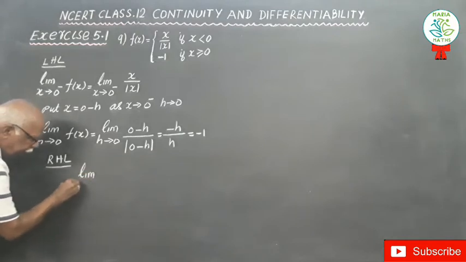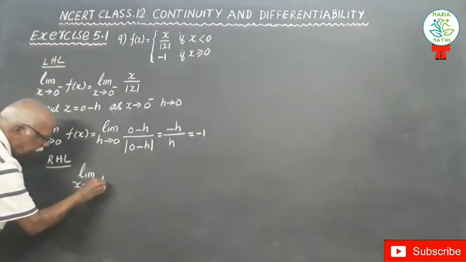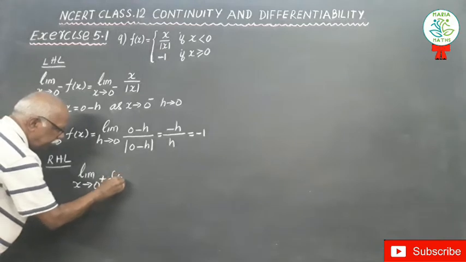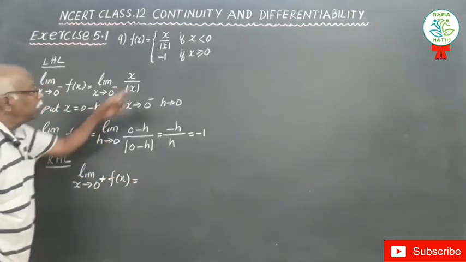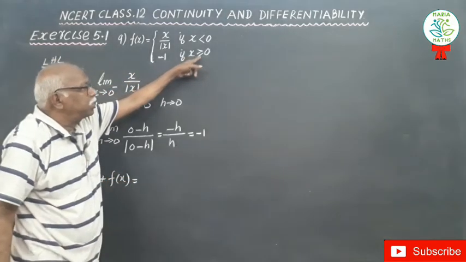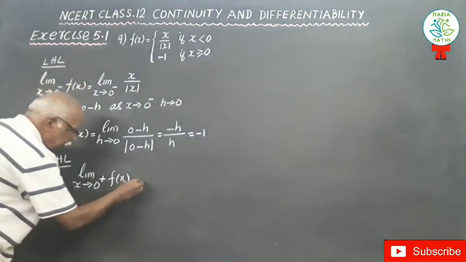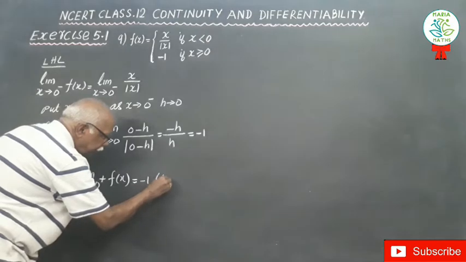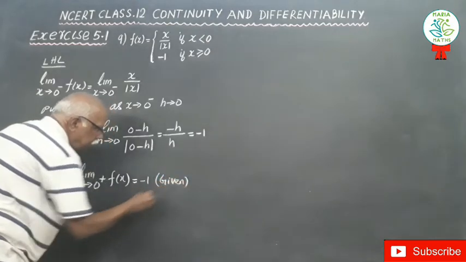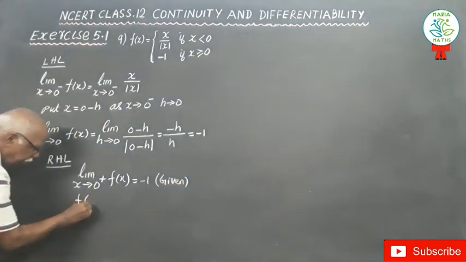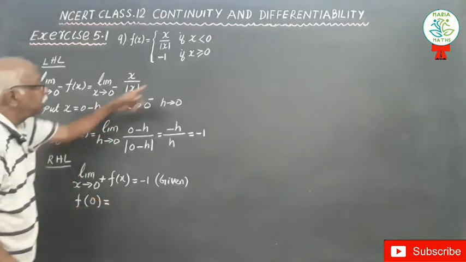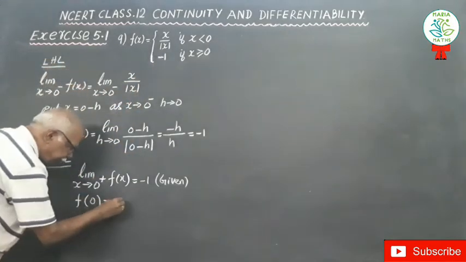Limit x tends to 0 plus f of x. Limit x 0 plus, x greater than 0. X greater than 0 it is given already minus 1. Therefore, f of 0 also, when x is equal to 0 also minus 1.